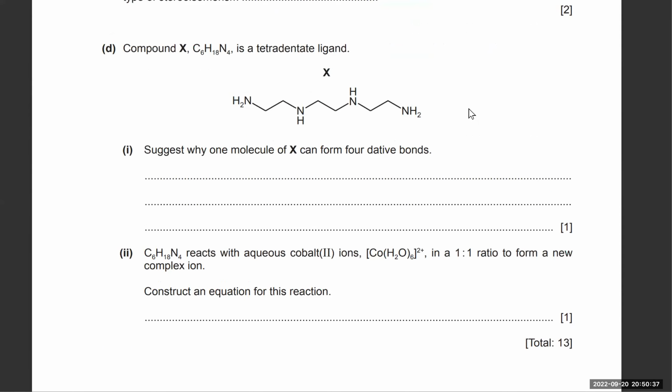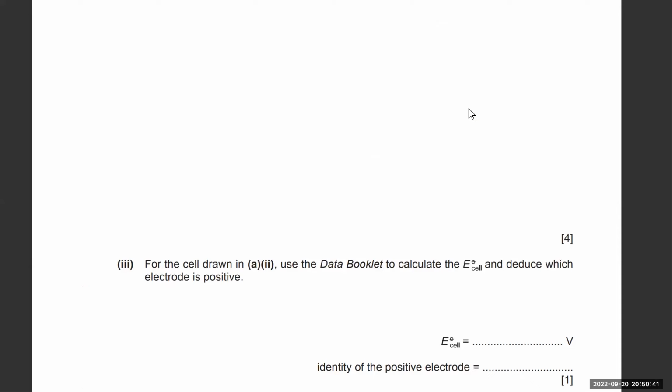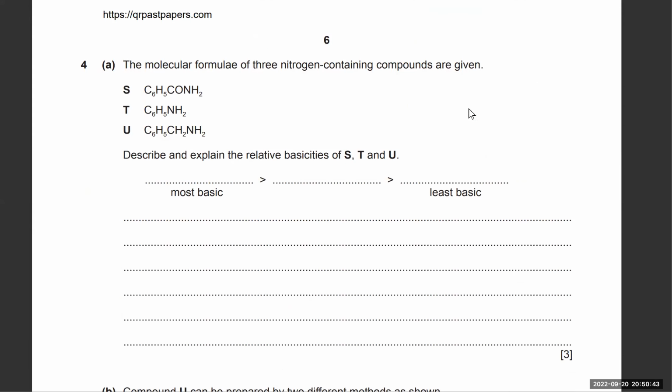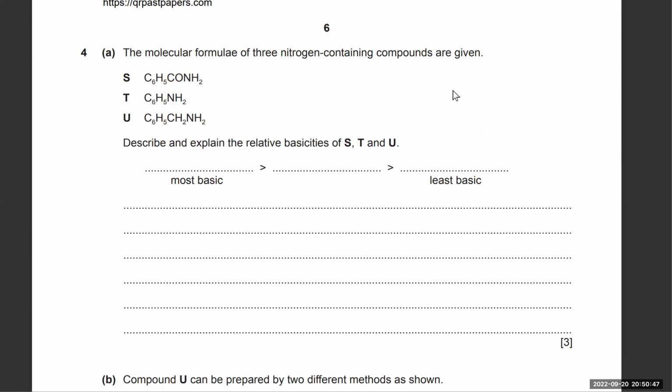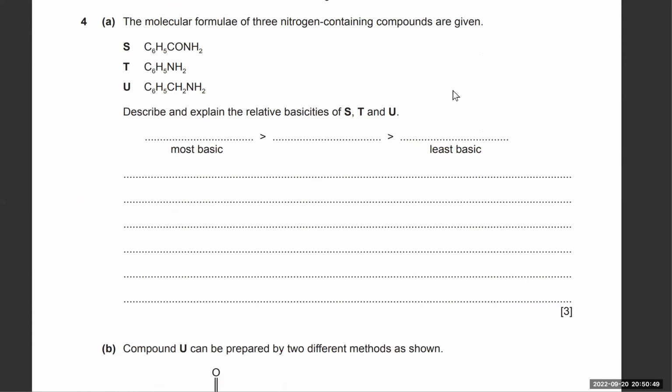So this one we've got organic. The first thing is the molecular formula. This one is about comparison of the acids and bases. So describe and explain the relative. Now the question is about the comparison of basicities.